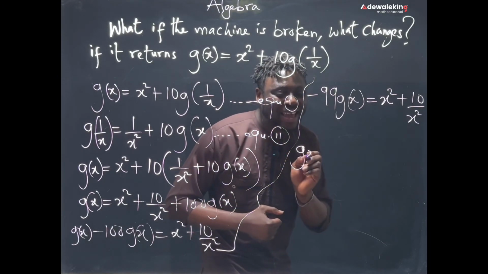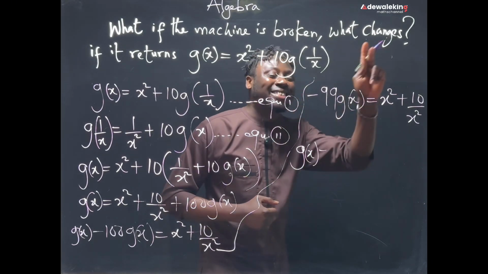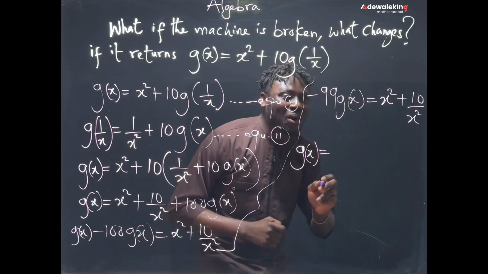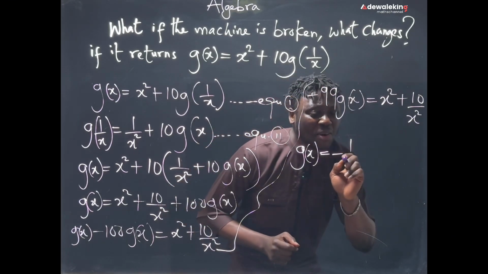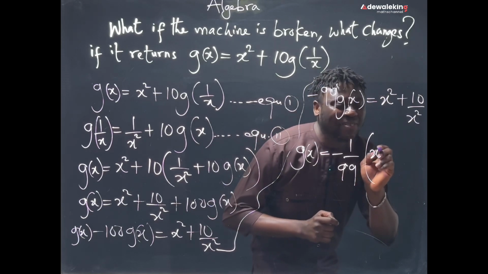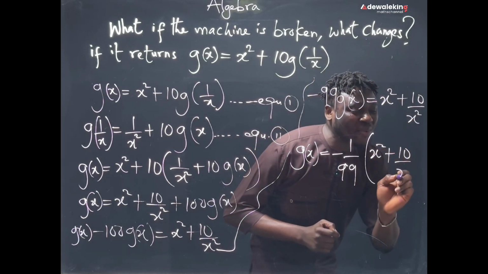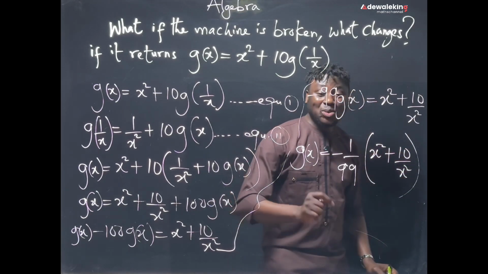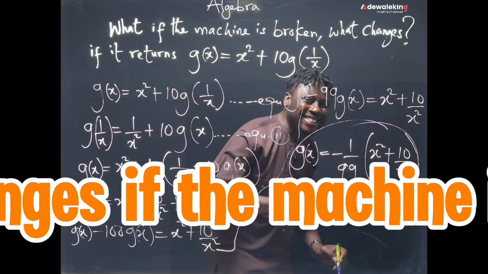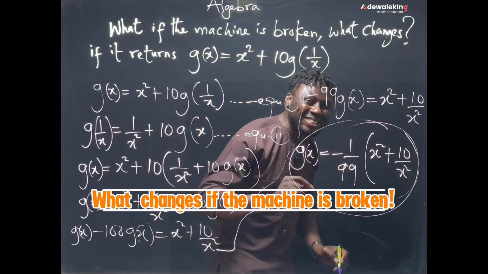So the g of x, which is what changes when this machine is broken, gives us minus 1 all over 99 brackets x squared plus 10 all over x squared. This is what we get, and that is what changes if the machine is broken.